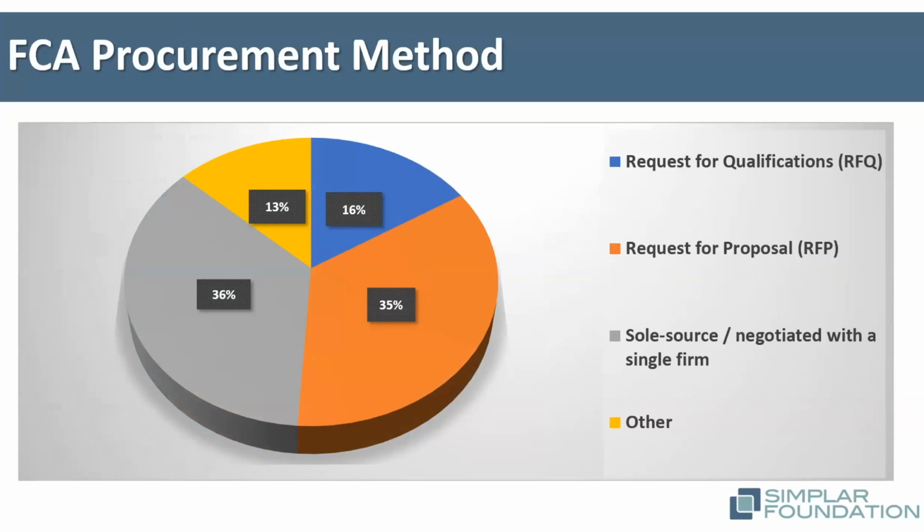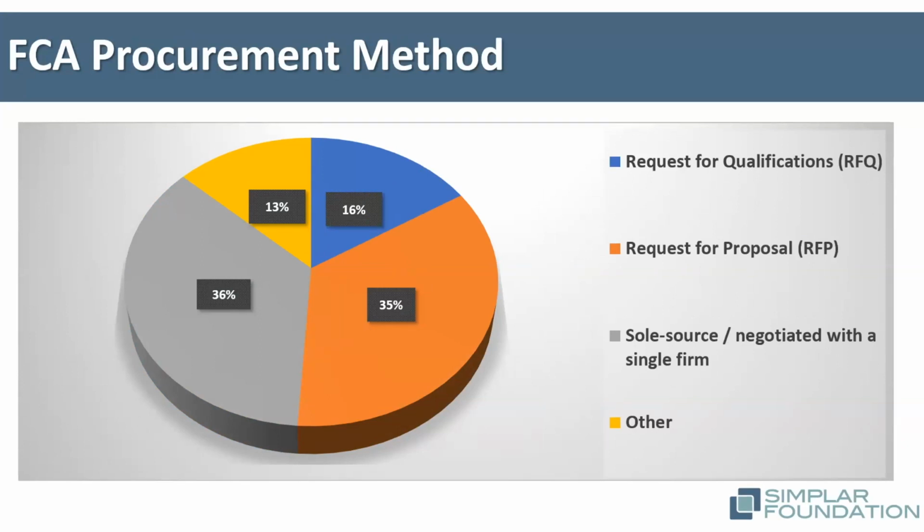How the facility condition assessment was procured. Some interesting findings here. The area in gray, the sole source or negotiated with a single firm. When I dove into some of the feedback from that particular question, what I learned was there's a lot of organizations that have already done an FCA. They did one maybe 5 years ago or 10 years ago.